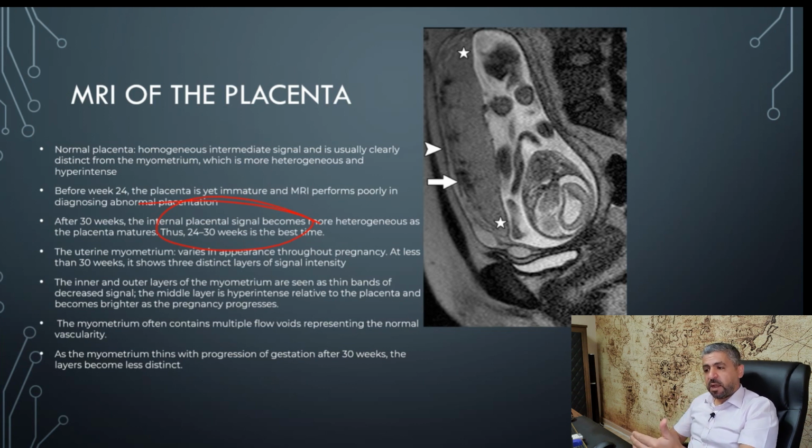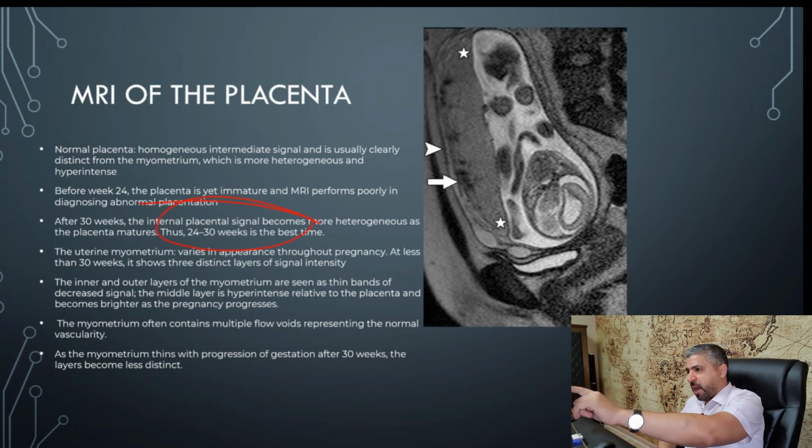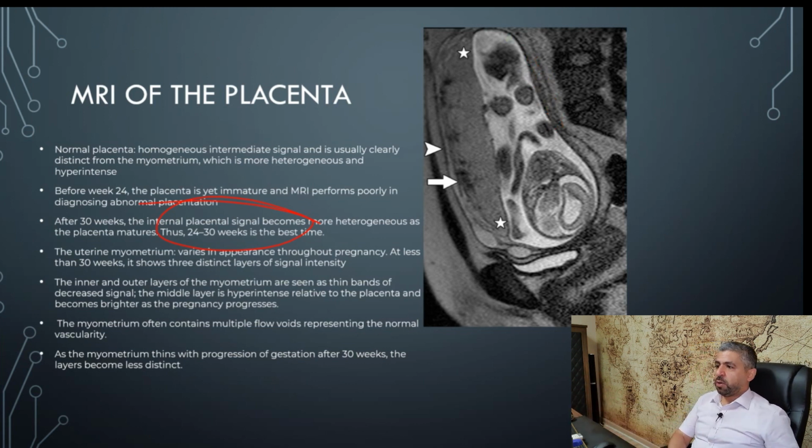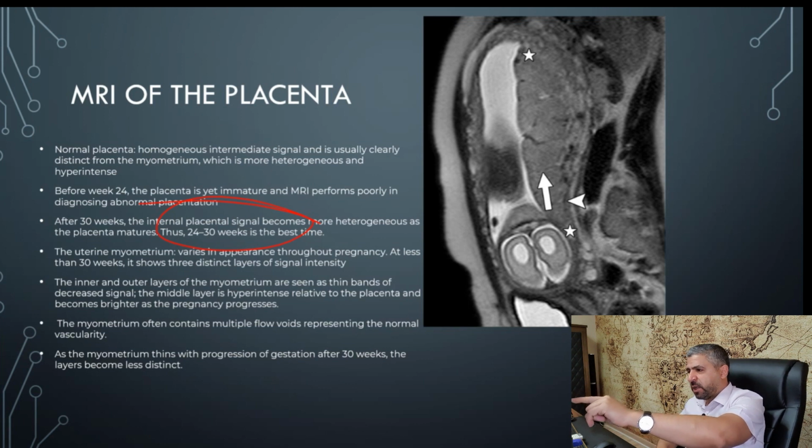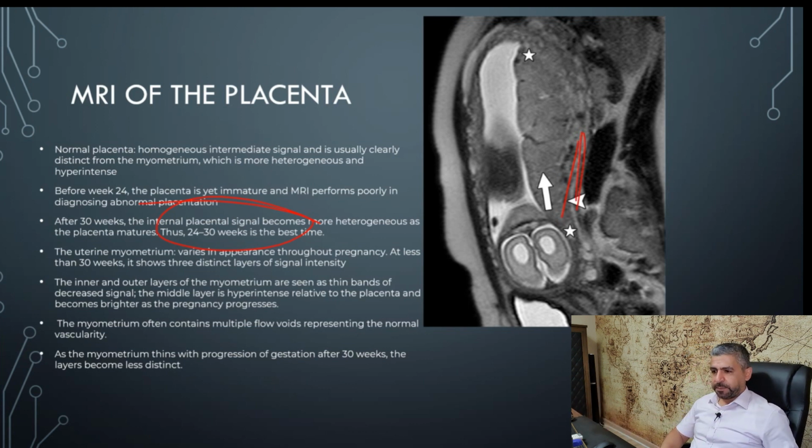The uterine myometrium will vary in appearance throughout pregnancy. If less than 30 weeks, it has an appearance of 3 distinct layers. And we can see here, it has a hypointense inner and outer layer and a hyperintense middle layer. As you can see, I will show you another example. You can see here, it has a hypointense inner and outer layer and a hyperintense middle layer.